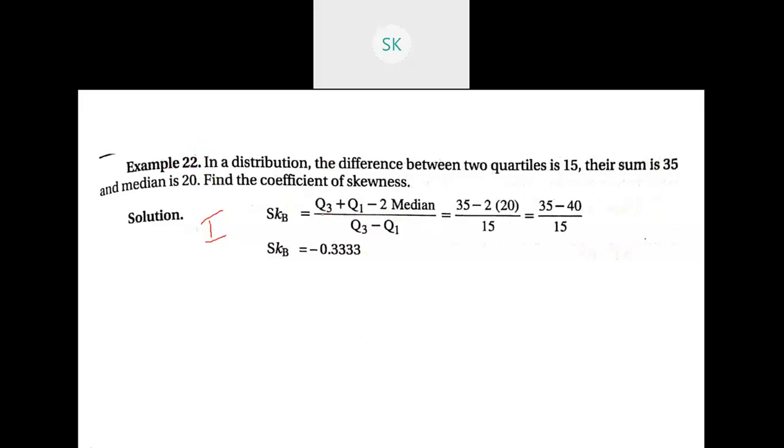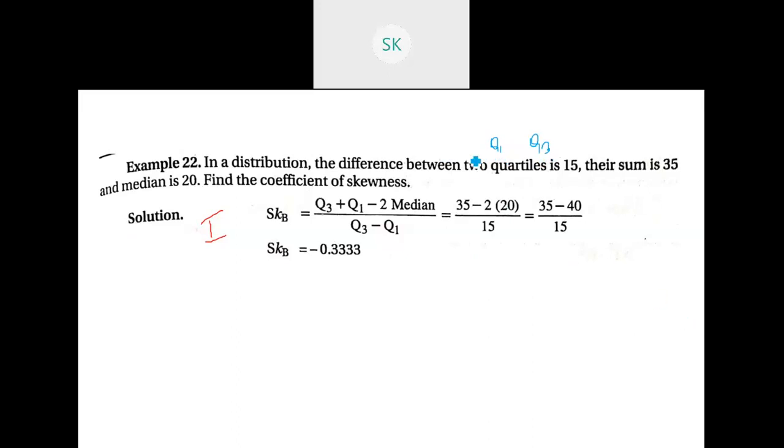In a distribution, the difference between two quartiles is 15. What are the two quartiles? Q1 and Q3. Don't consider median here. Two quartiles means Q1 and Q3.